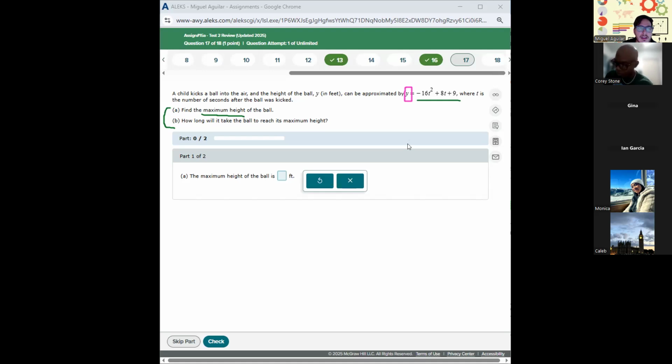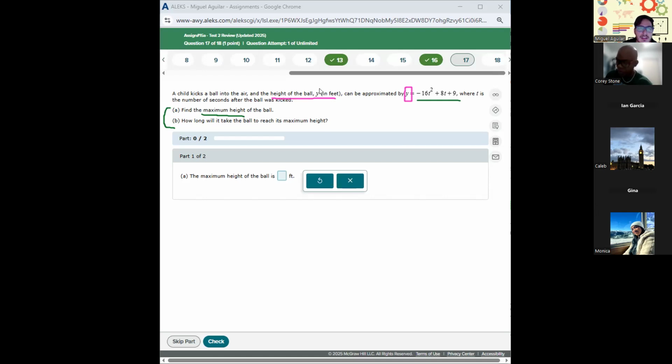The height of the ball, right? So the height of the ball is what we're talking about when we write a y down. What does the t represent? The number of seconds after the ball was kicked. That's going to be representing our t here.